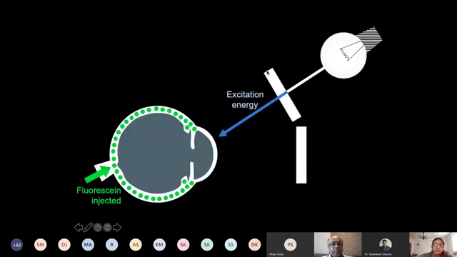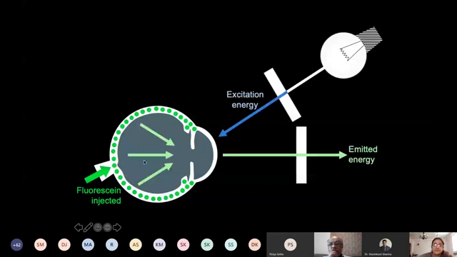It's going to cause an excitation of the sodium fluorescein dye. And once these dye molecules get excited, they are going to emit light in a higher range, which is going to be in the green range. So you have the green light coming out, and this goes through the barrier filter. The barrier filter is basically a green filter, which allows only the green light to pass through it and not any other range of the light.